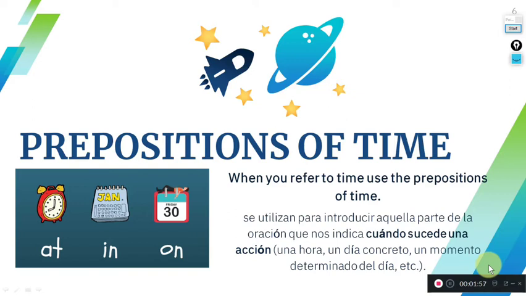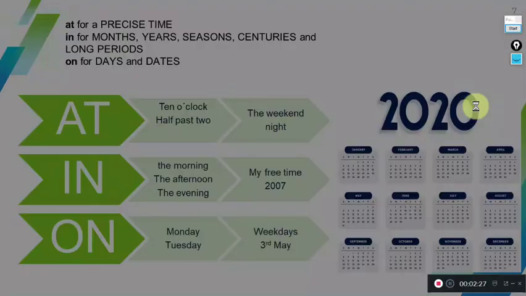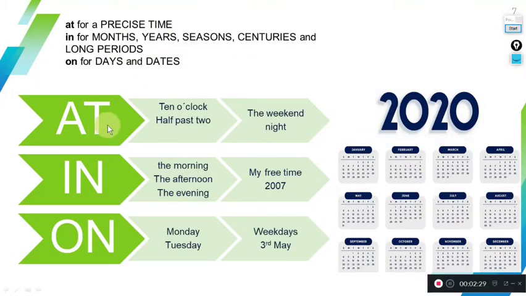Estas palabras no se pueden introducir así nomás dentro de nuestras oraciones. Necesitan ser introducidas por una preposición de tiempo. Vamos a tener las tres más comunes, con las que tendemos a confundirnos: at, in, and on.